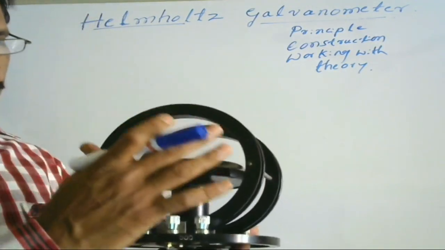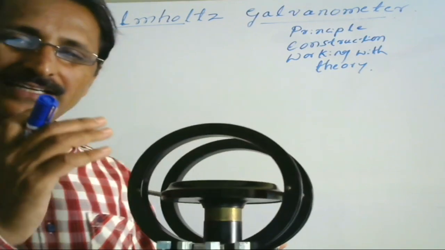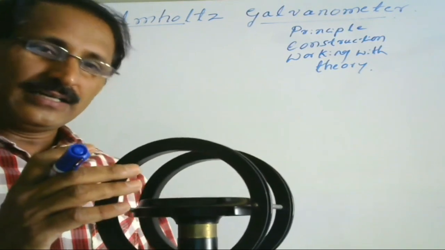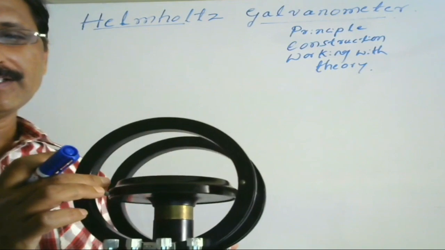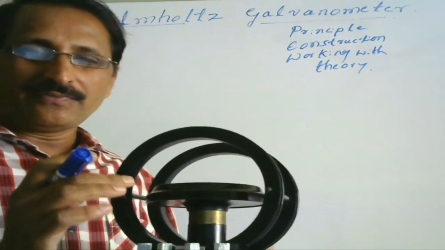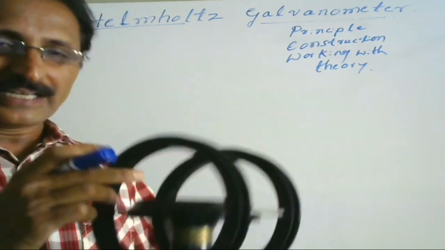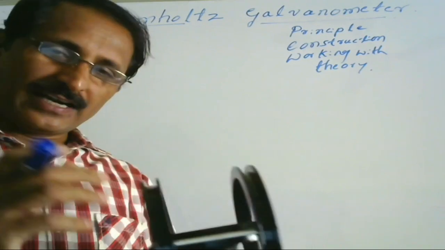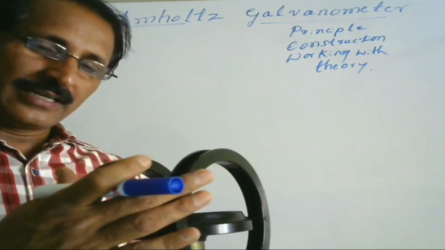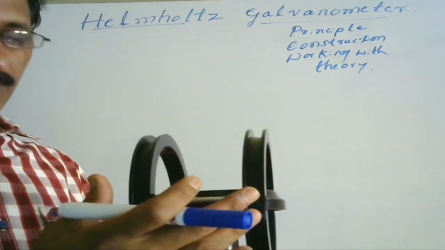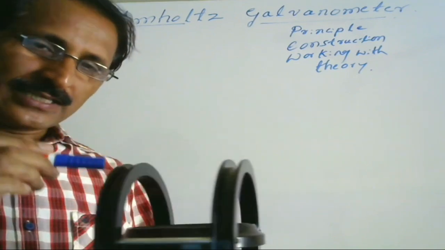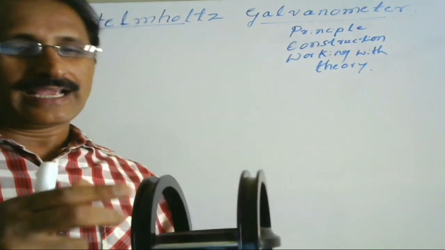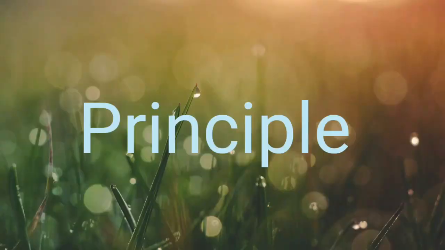It overcomes the difficulty in the tangent galvanometer, where there is no formation of a uniform magnetic field over a considerable region. This difficulty is overcome in the Helmholtz galvanometer, which produces the magnetic field over a considerable region.